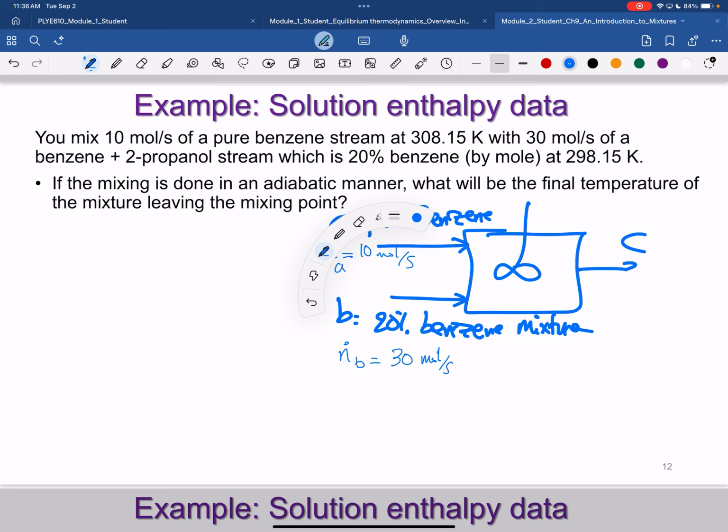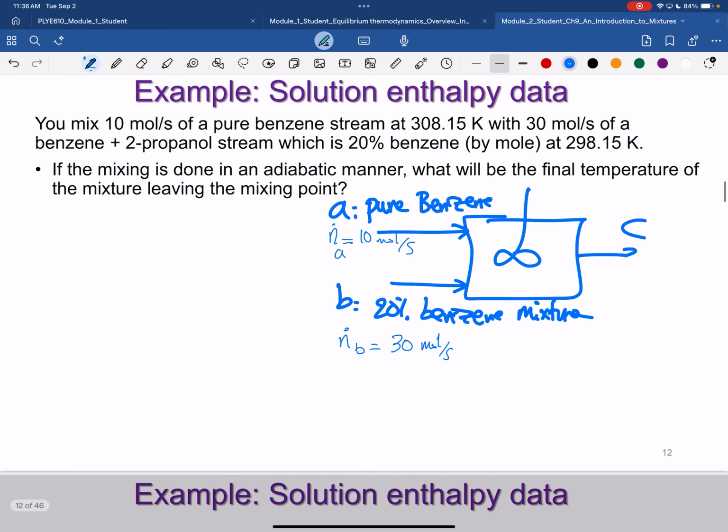What else do we know from Thermo 1? Conservation of energy, right? So let's start with the conservation of mass. Can you tell me the number of moles getting out? 40, right? It's just a simple mole balance.